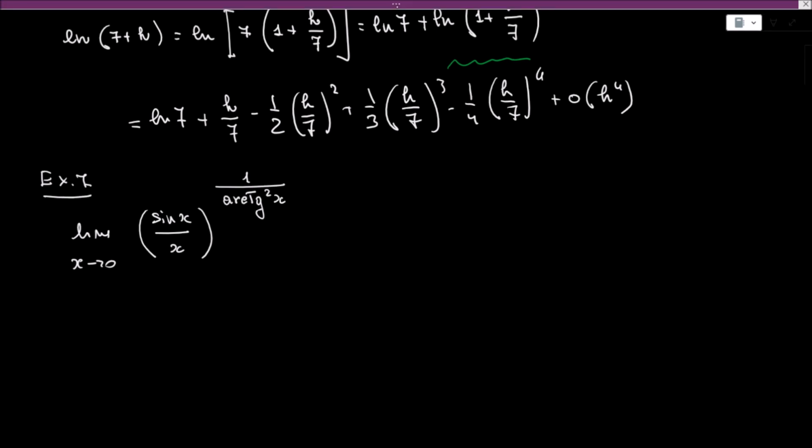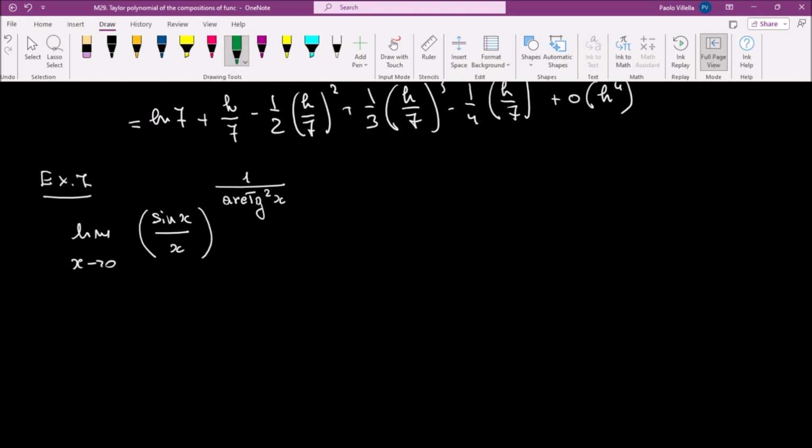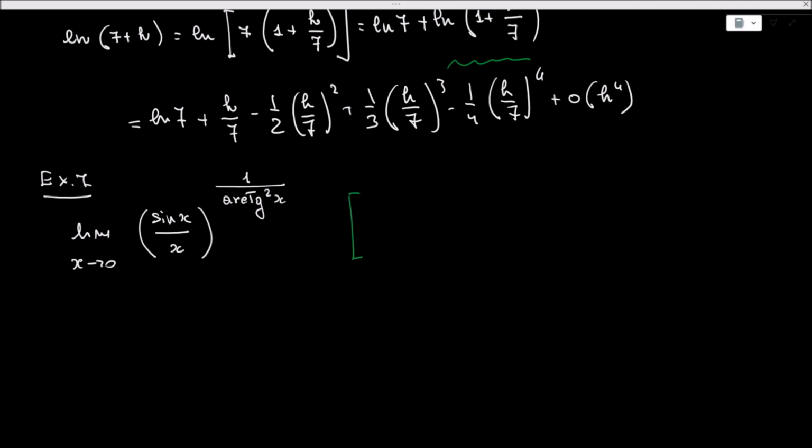And first thing, as always, let's try to replace x equals 0, and we see that when x goes to 0, sine of x divided by x of course tends to 1, and instead the arctangent tends to 0, so 1 over arctangent square tends to plus infinity, so we have an indeterminate form.